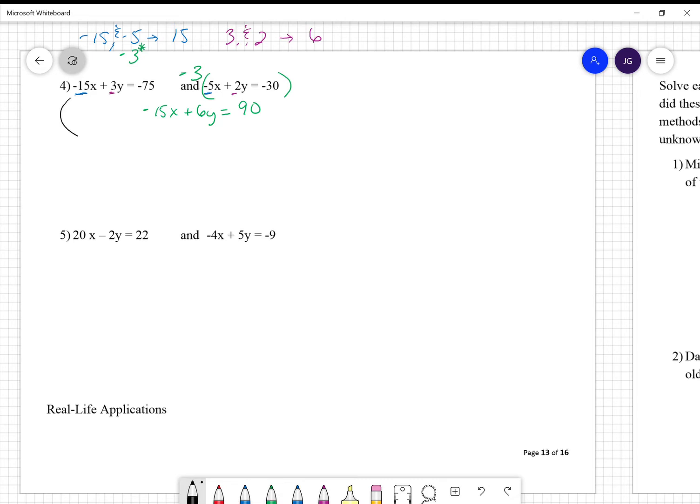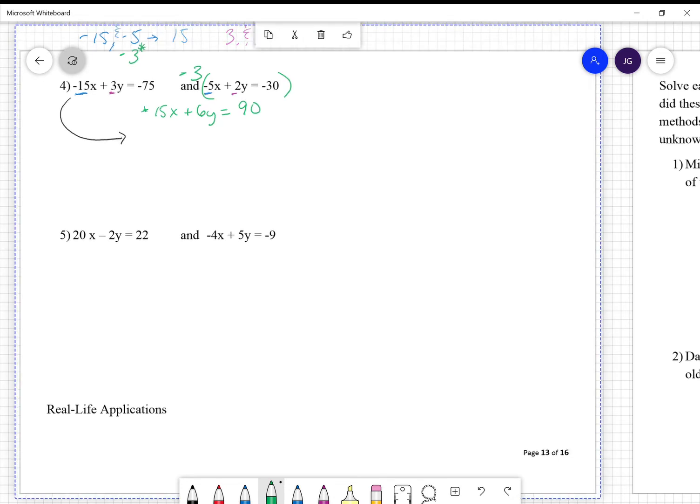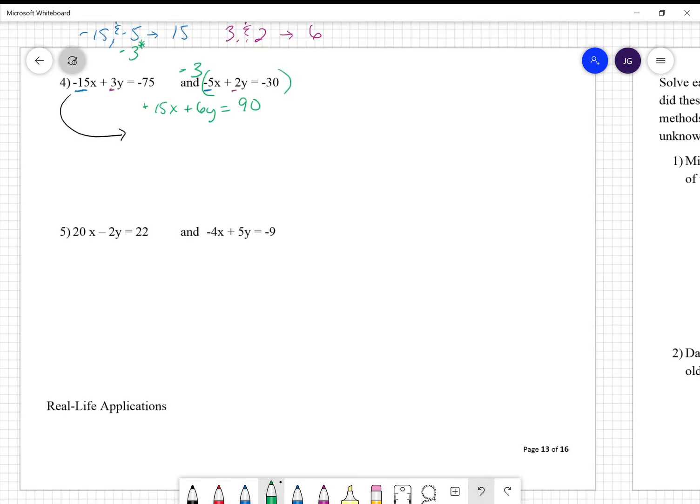I'm going to write the first equation. Okay, I have to watch my signs. Negative 3 times negative 5 is positive 15. Negative 3 times positive 2 is negative 6. Negative 3 times negative 30 is positive 90.